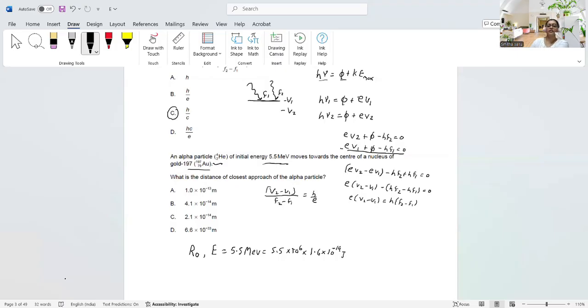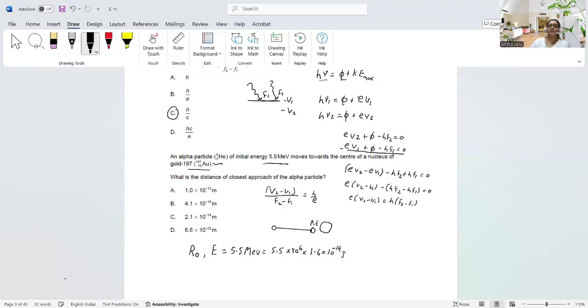So you're given energy. Now when the alpha particle is coming closer to the gold nucleus, at a distance it has kinetic energy, but by the time it reaches closer to the gold nucleus, there is a point where it stops moving. So the entire kinetic energy is here converted to potential energy.